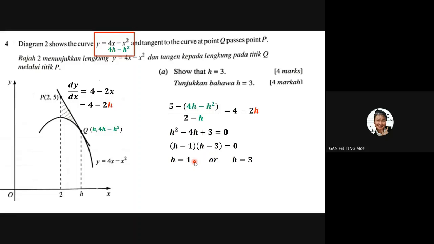I'll give him a lucky draw prize. Why H equals 1? How come your factorization can give you H equals 1? It might be in your paper 1 as well later, asking you to sketch when the value of H equals 1. So you should be able to identify.